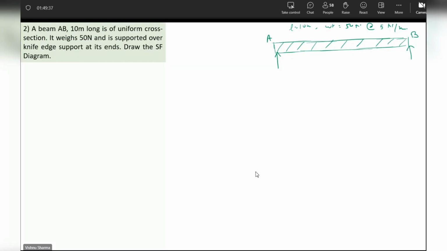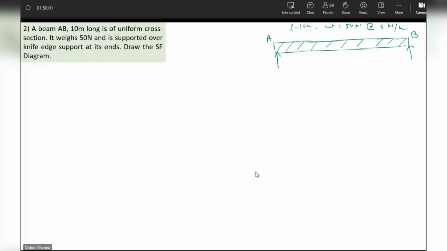Guys, is the diagram correct? Yes or no? Please read the question and tell me, do you agree with the diagram or do you need any clarification? Okay with the diagram, sir.